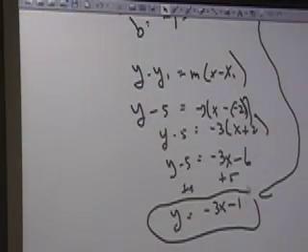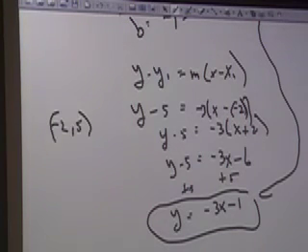Down here again we went y minus y1 equals m times x minus x1, replaced y1 with 5 and x1 with -2 because our point is (-2, 5), and we've got -3 as our slope. Keep solving it into y equals mx plus b form, and you get y equals -3x minus 1 again, which is exactly what we want.